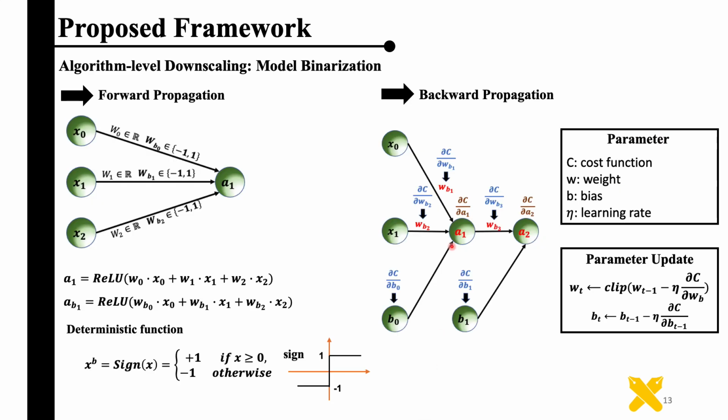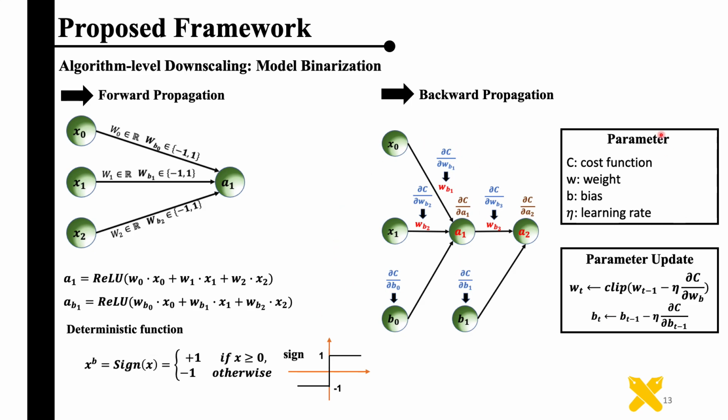Then we would like to introduce the algorithm of model binarization and the forward propagation. Compared with the conventional model, the weights are constrained between -1 and +1. Regarding the activation function, instead of using the stochastic function, we choose the deterministic function, considering the later hardware implementation.